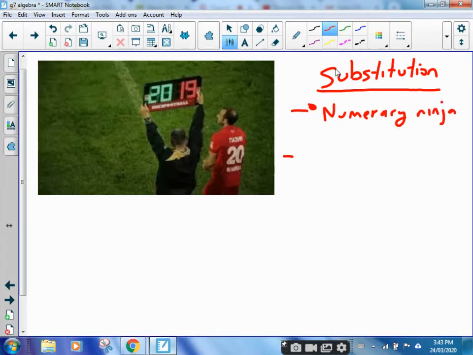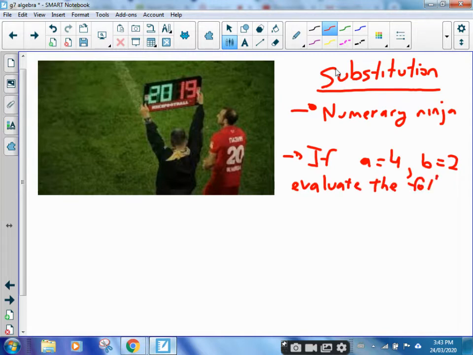You would have seen a problem that looked like this. If A is equal to 4 and B is equal to 2, evaluate the following. So you would have seen questions like this already.